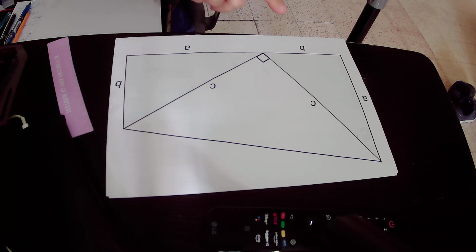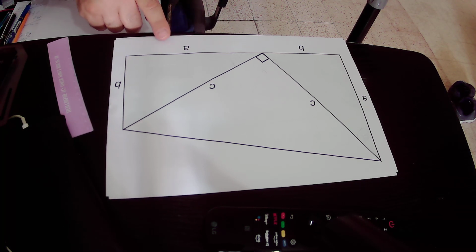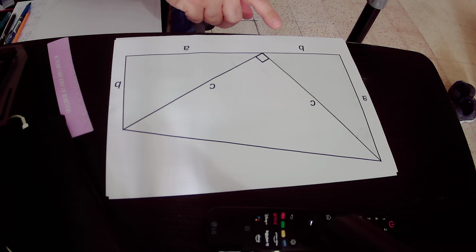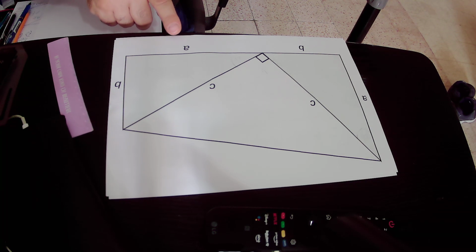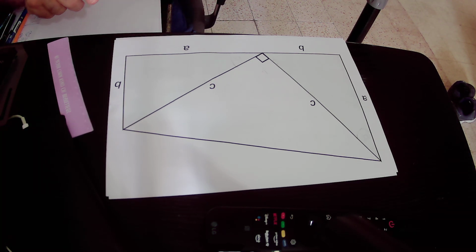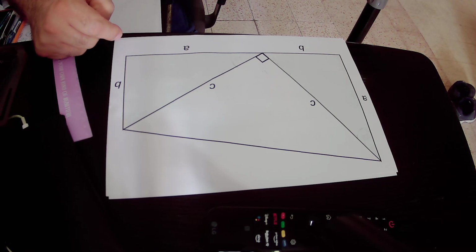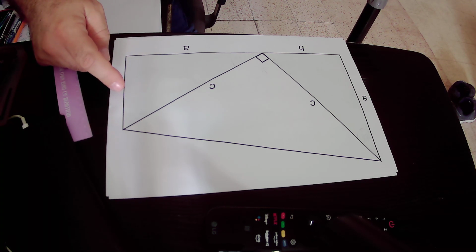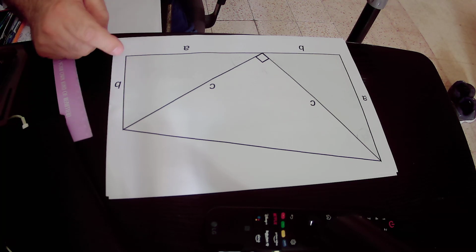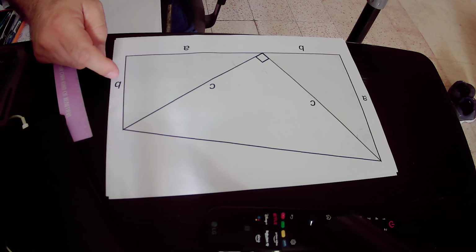We build it by, first of all, on side B, we build side A. So B and A are on the same straight line, and then we raise a perpendicular to side A in size of B. So here we have 90 degrees because B is perpendicular to A.